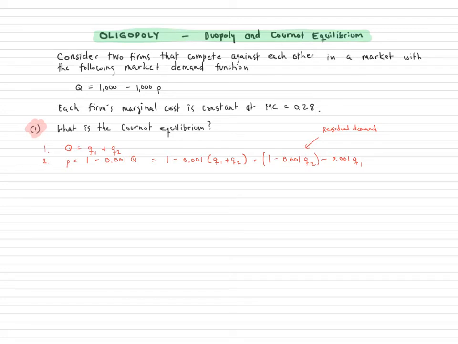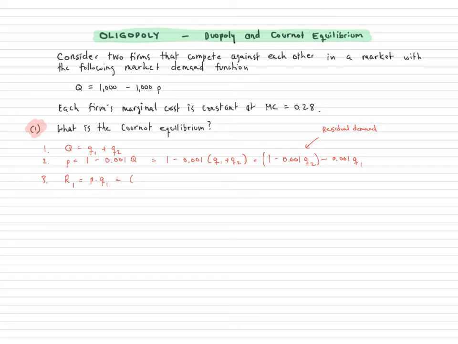So the next step is to find what the revenue function is. I'm going to focus on one firm. Of course, these two firms are identical in this example. So if I can find one firm's best response function, by symmetry, I have already found the other firm's best response function as well. So for firm 1, the revenue is going to be equal to the market price times the quantity that they are producing.